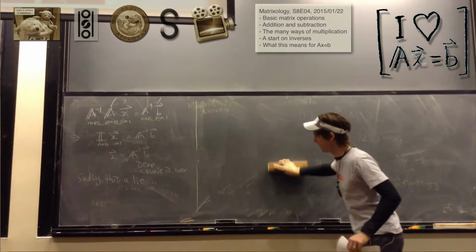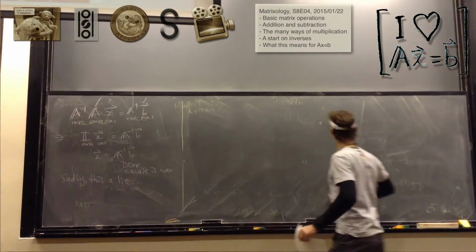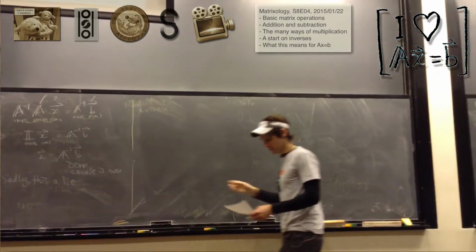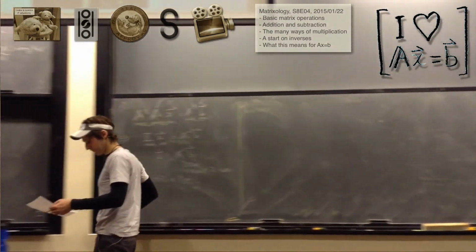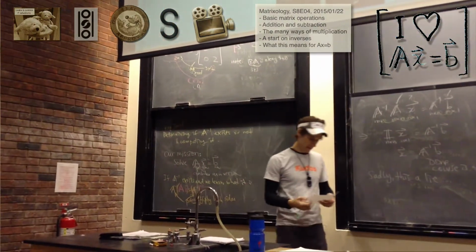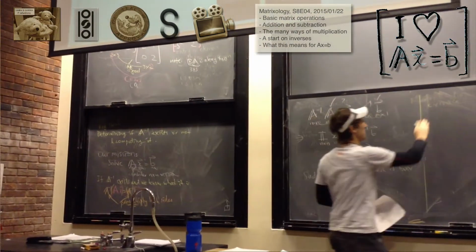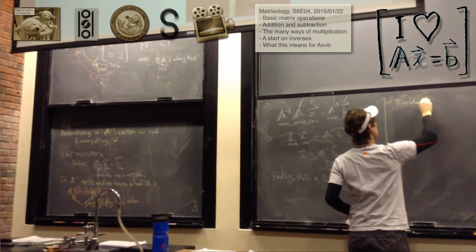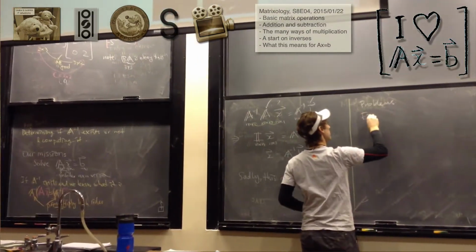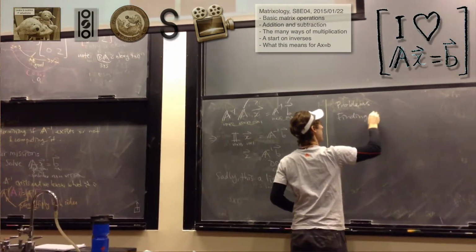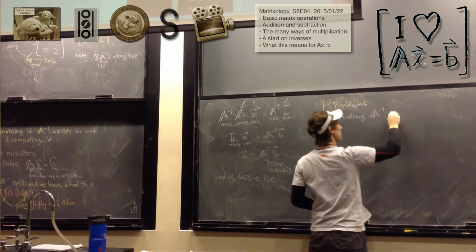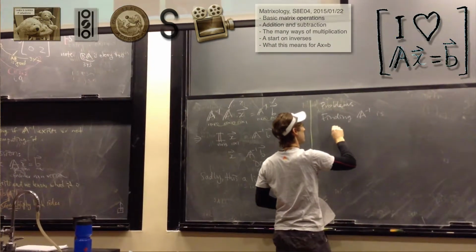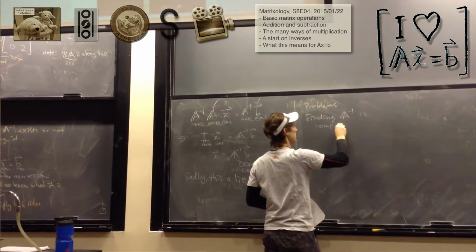So let's just add a couple more statements before we wind up, and then the next time we'll figure out how to do this. So here are the problems. Finding, and this is really the big one, A to the minus 1 is computationally very expensive.